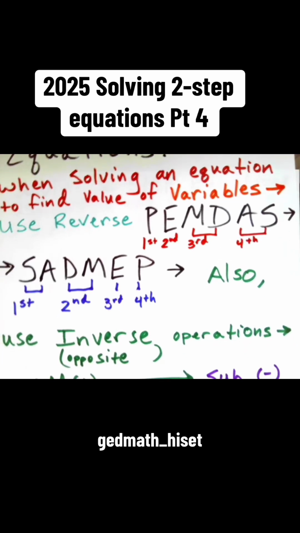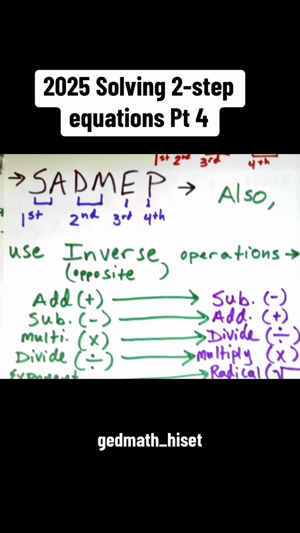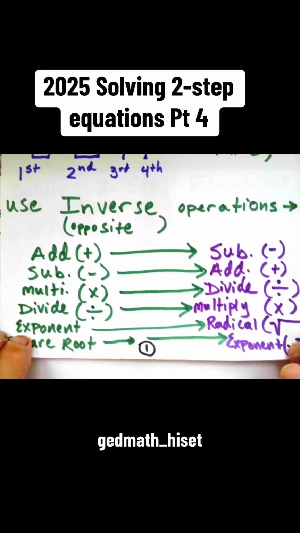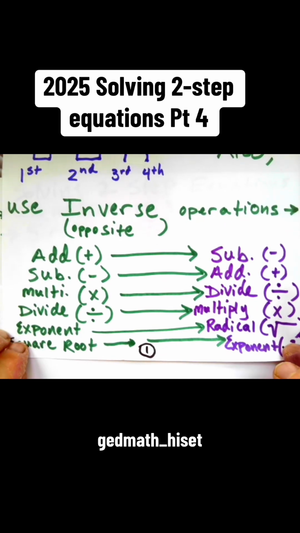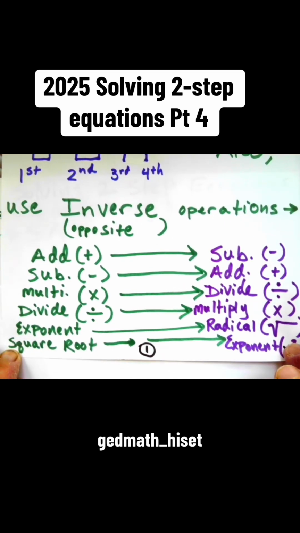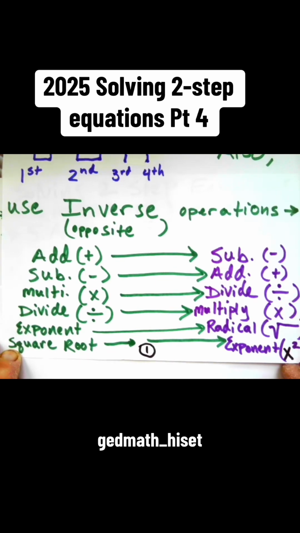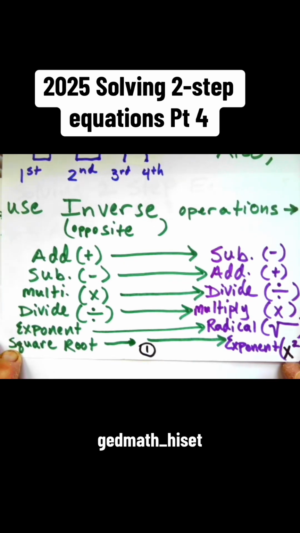And remember, we're using inverse operations. What does that mean? That means the opposite. So you're going to do two of these steps to solve and get the variable x, y, z, get that letter all by itself on one side of the equal sign in order to solve for these equations.